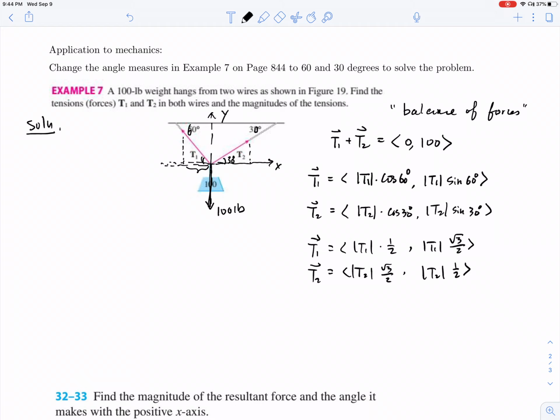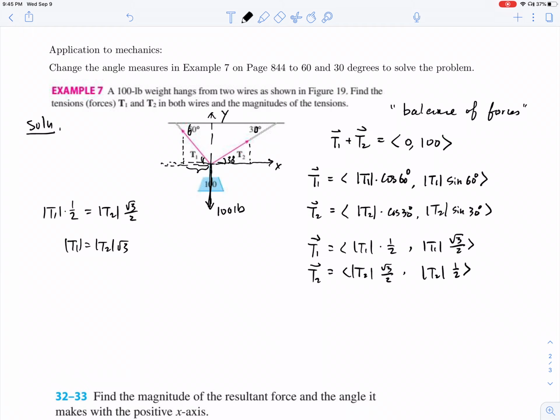Now, to have the balance, we must have the following: in the horizontal direction, they're going to be the same. So T1 times 1/2 must be equal to T2 times √3/2. If you multiply both sides, that means T1 is going to be T2 times √3.